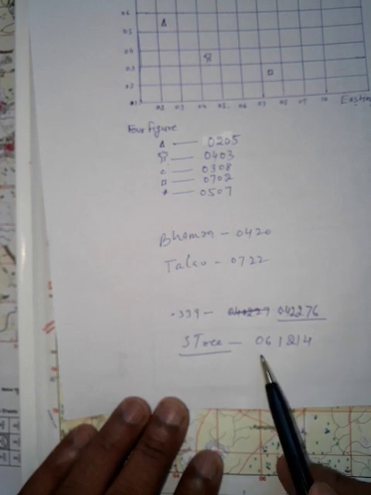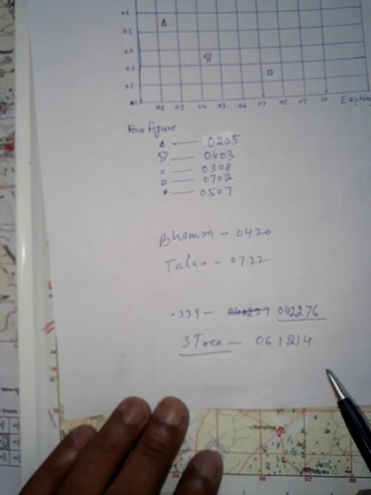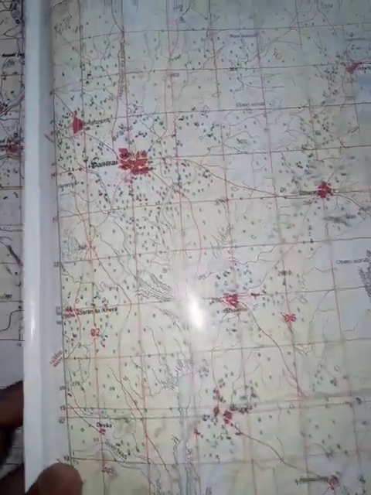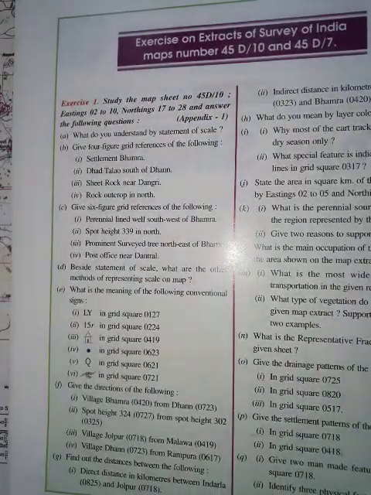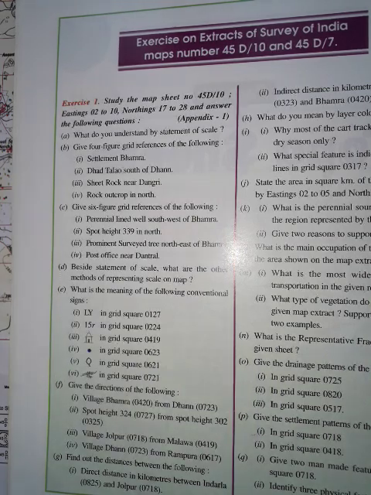Now this is the 6-figure grid reference: 06, 1, 21, 4. Like that we will find out the 6-figure grid reference of other features which they ask. It can be a tree, a village, or another thing.